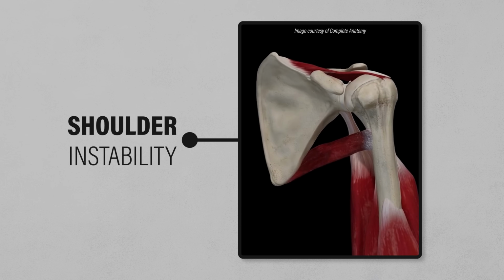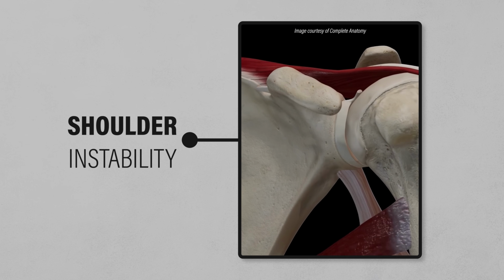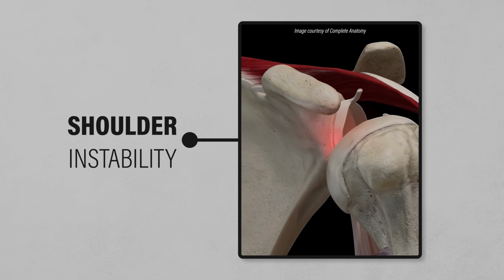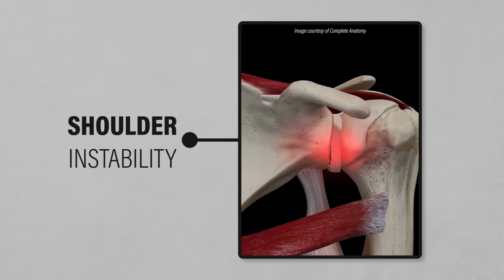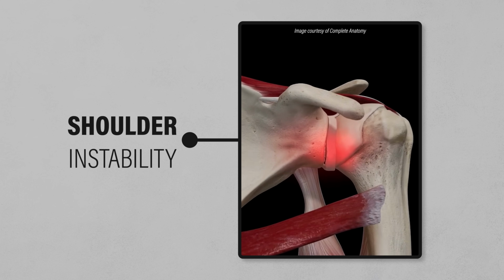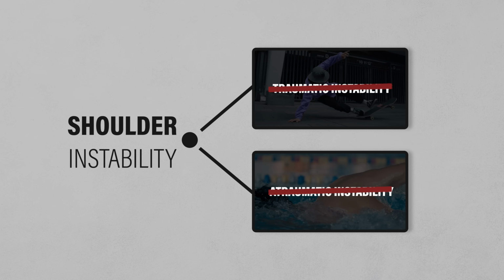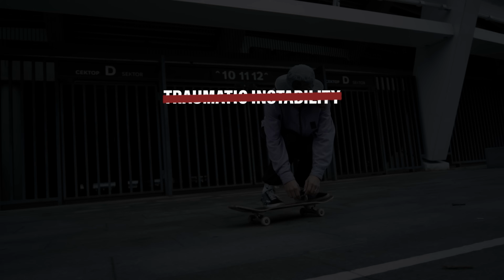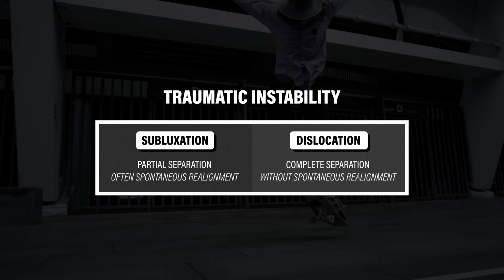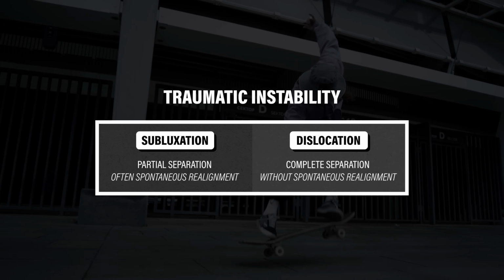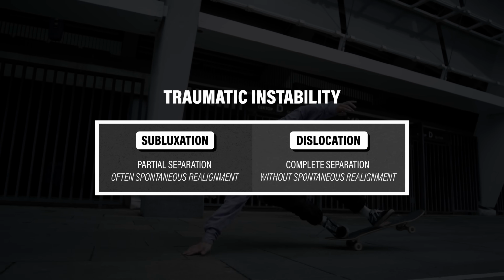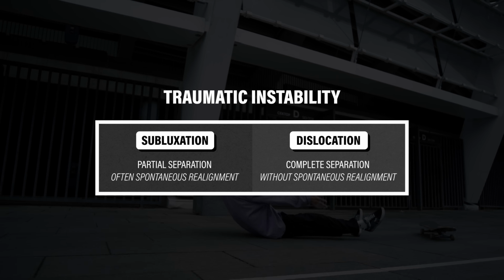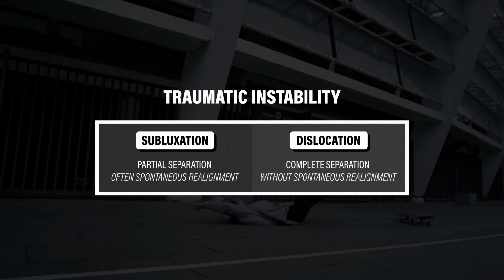Shoulder instability occurs when the humeral head cannot maintain its position within the glenoid fossa, resulting in symptoms such as pain or apprehension. There are two main types of shoulder instability. The first is traumatic, which results in a partial or complete separation of the glenohumeral surfaces, commonly known as a subluxation or dislocation.